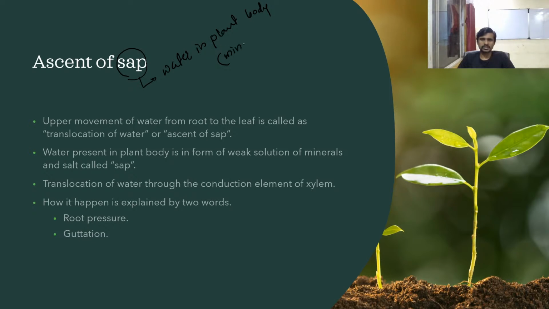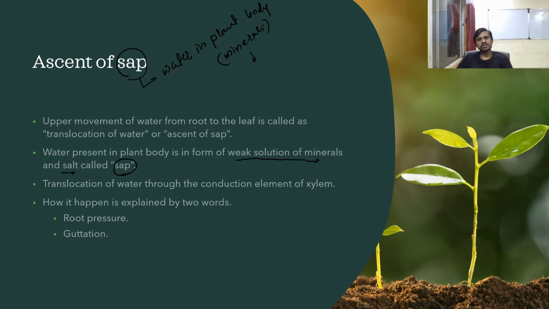So here is a mineral in water. You can say it's a weak or mild solution of minerals, and this mild solution of minerals is called sap. So water present in a plant body is in the form of a weak solution of minerals and salt, so we call it sap.